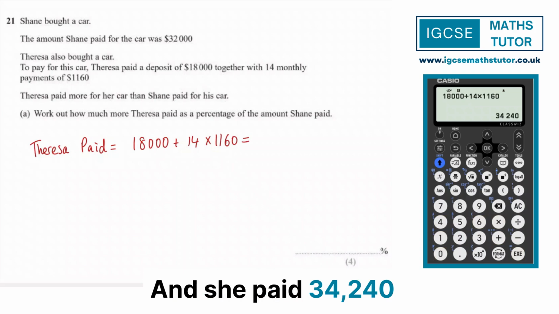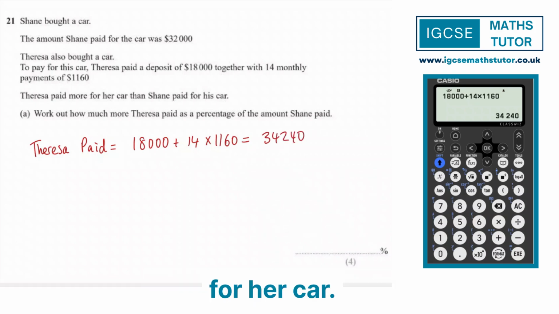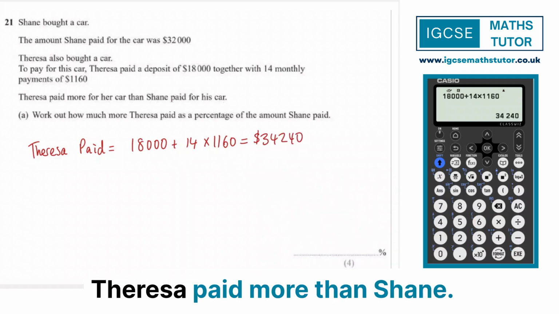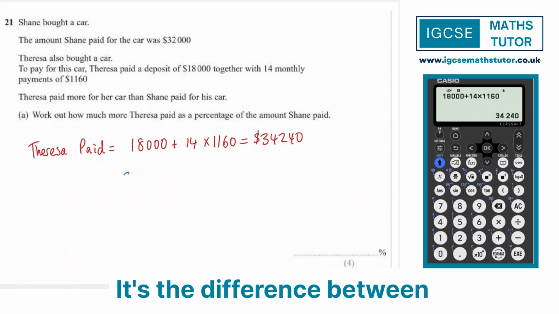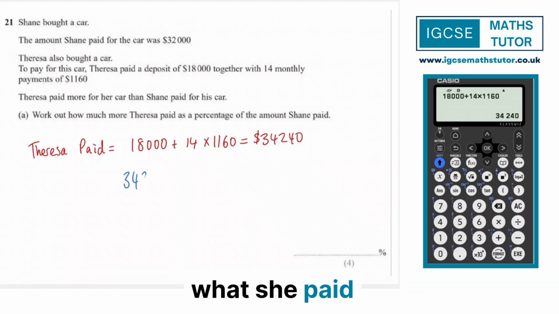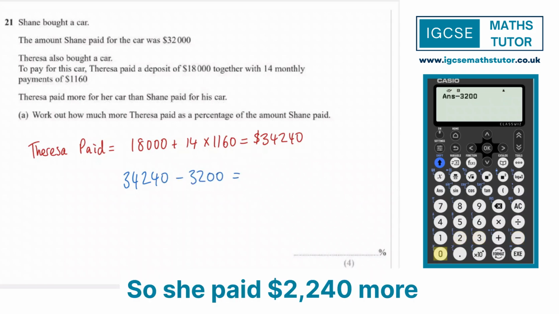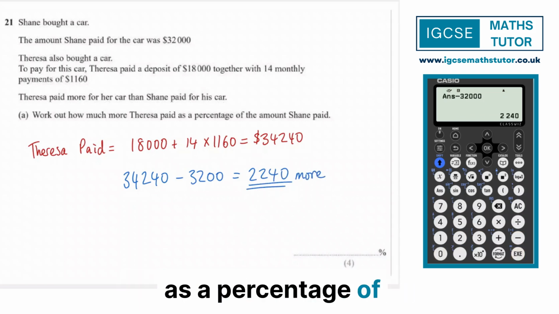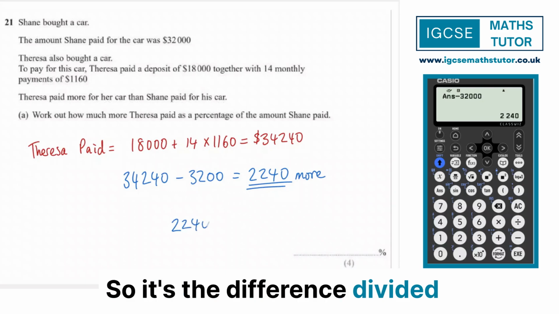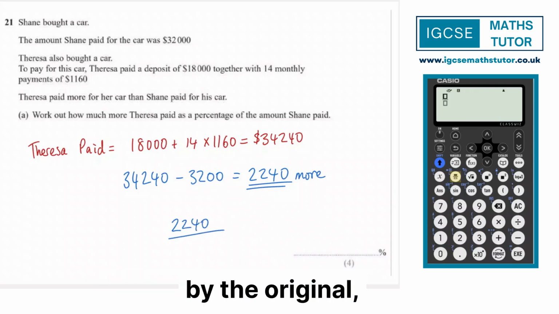And she paid $34,240 for her car. Teresa paid more than Shane. It's the difference between what she paid and what he paid. So she paid $2,240 more.